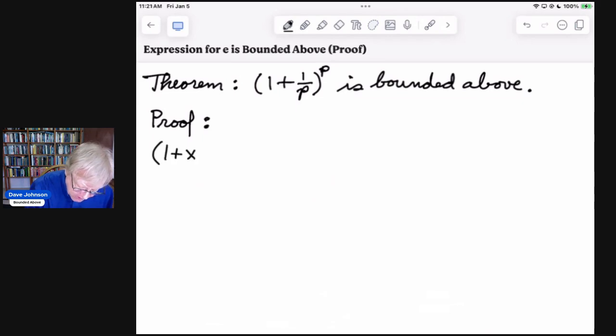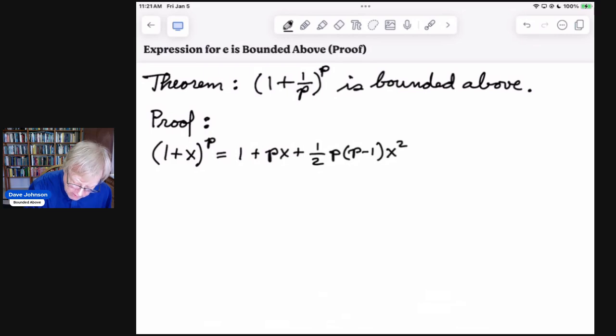1 plus x, and I'm going to raise it to the p power, and that's equal to 1 plus px plus 1/2 p times p minus 1 x squared plus 1 over 3 factorial p times p minus 1 times p minus 2 x cubed plus dot dot dot.